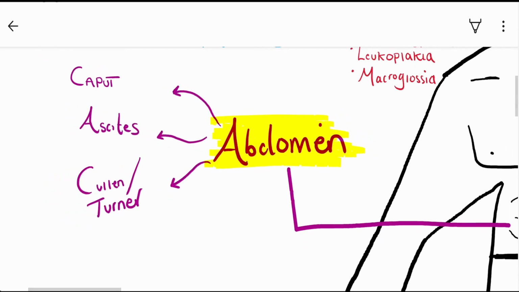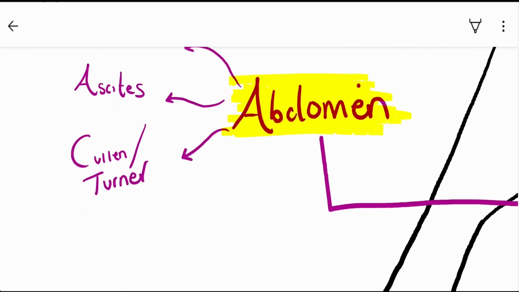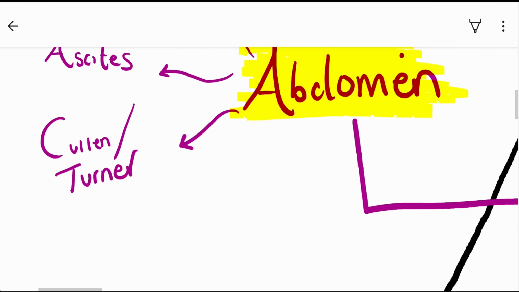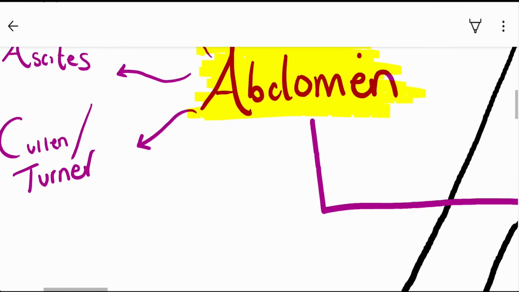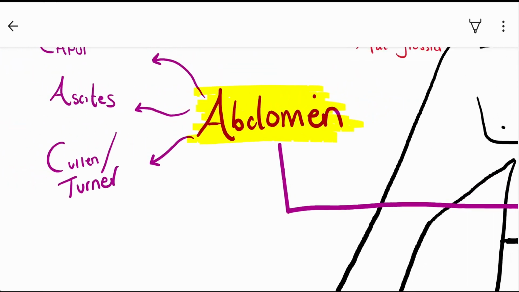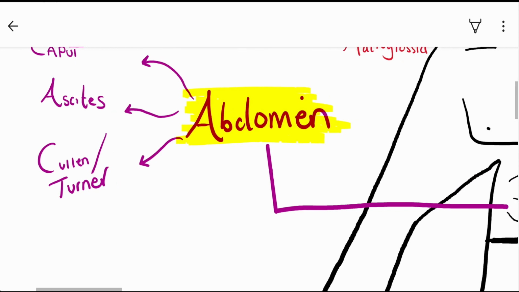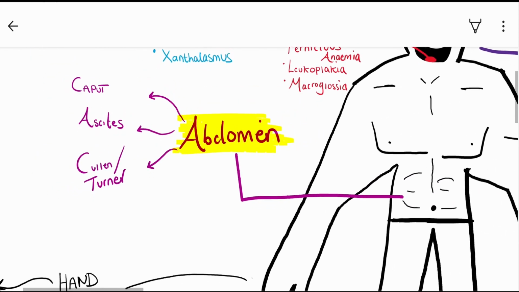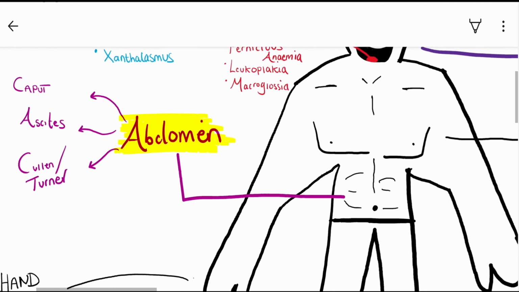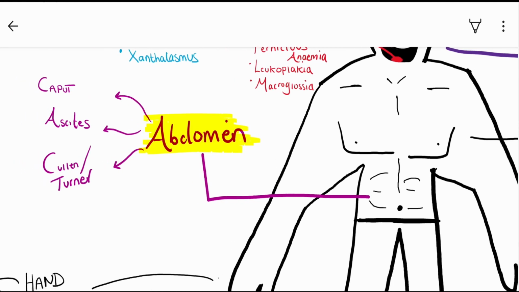Or perhaps there's some other pathology going on, such as Cullen or Turner's sign, in which you have this deposition or extravasation of blood in the subcutaneous tissues.